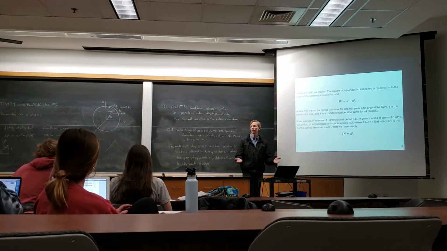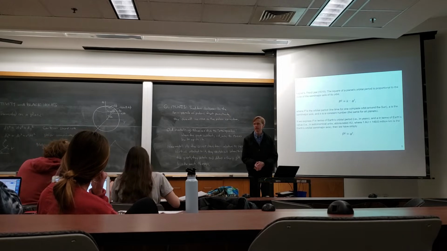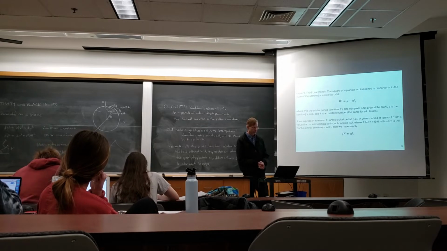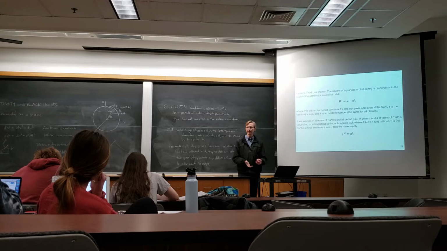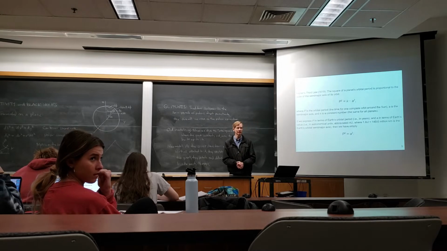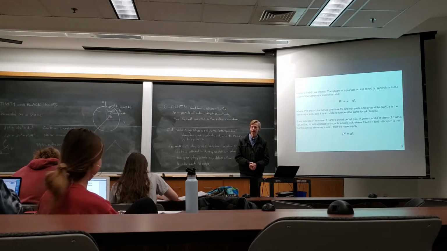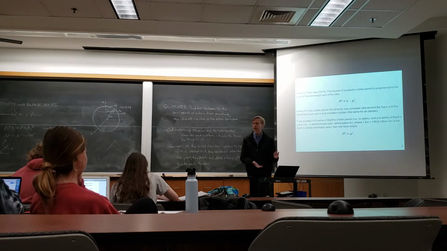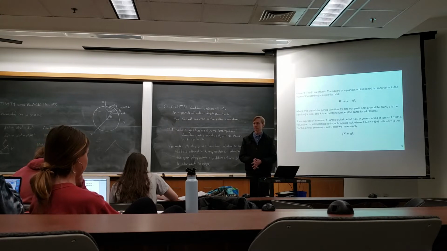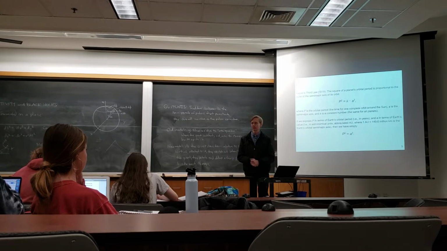Let's pick Earth as the reference planet. That means we measure the periods of other planets in Earth years. We measure the semi-major axis for other planets in astronomical units, the length of Earth's semi-major axis, and then we're good to go with P equals the square root of a cubed.